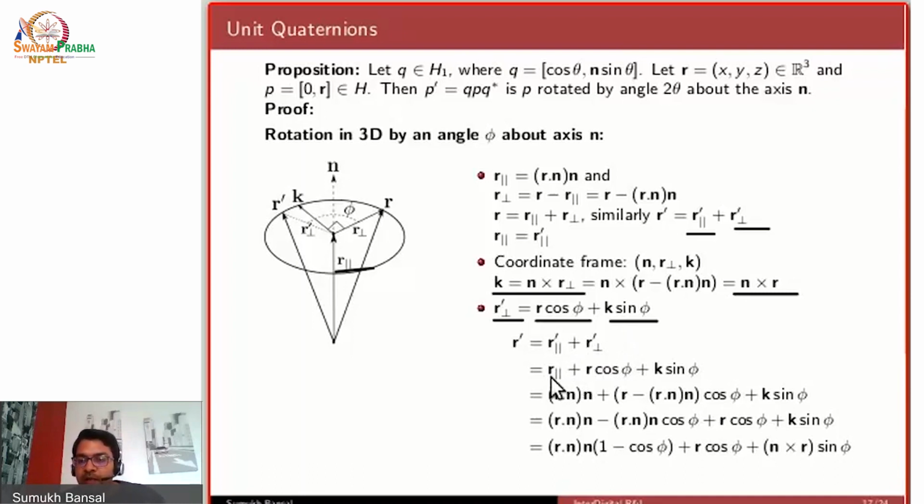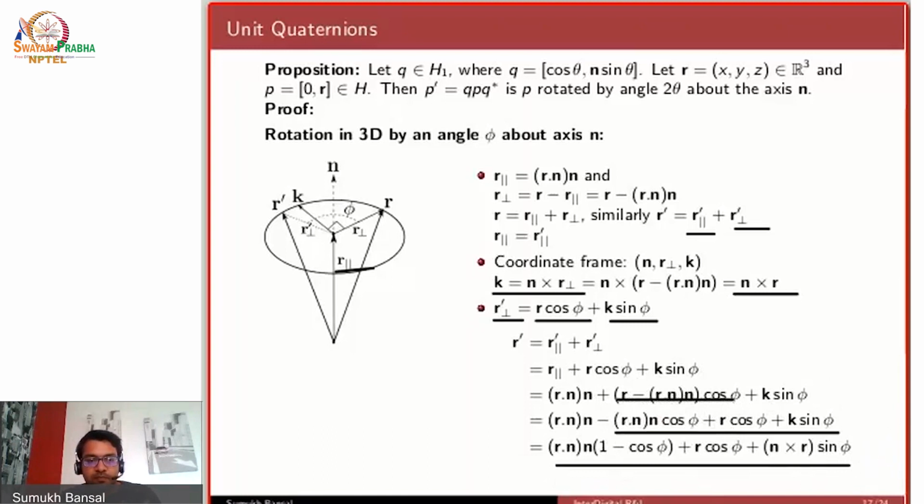Now r parallel is just the projection of r onto the vector n, and similarly if you put the values of r parallel and r perpendicular in this expression, you end up getting this. Now if you expand this term over here, you multiply cos with r and then the second term, so you end up getting this. And if you rearrange the terms, this is the final expression you get.